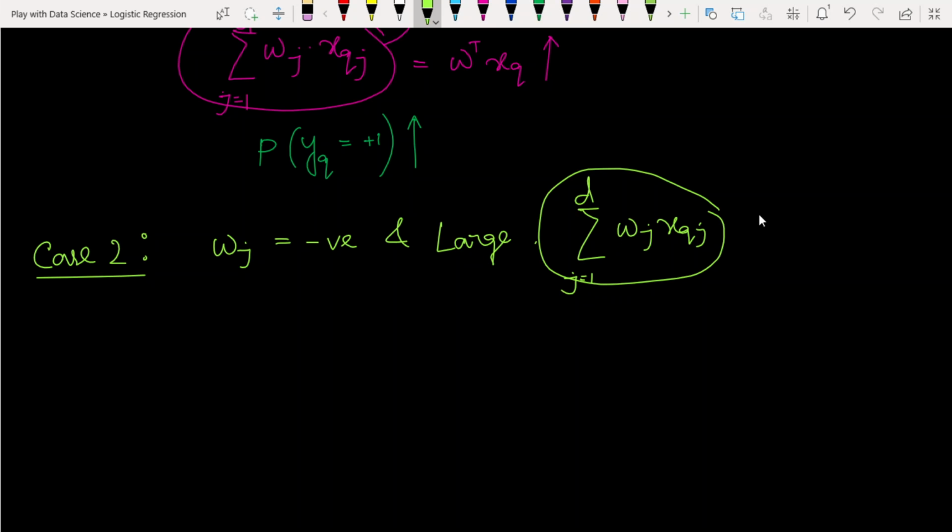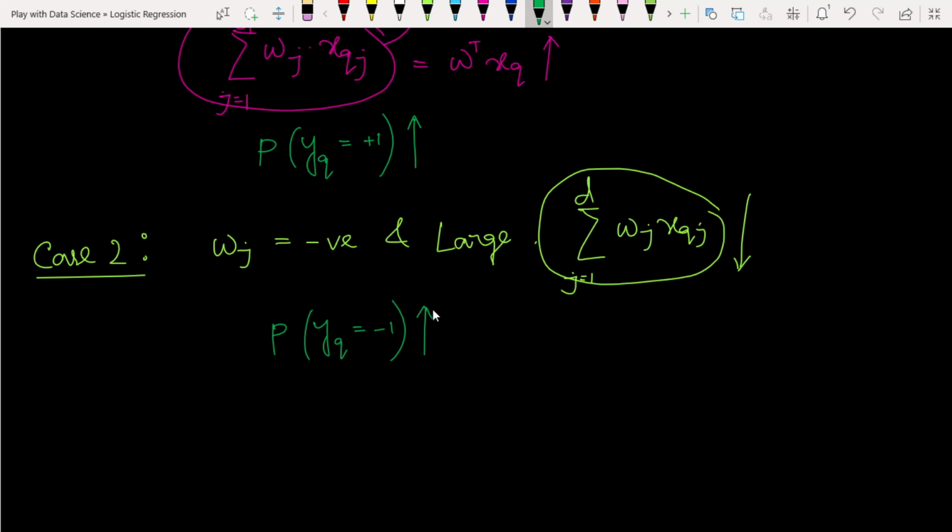The value will decrease, because Wj is negative. So in such situations, the probability of the negative class increases.